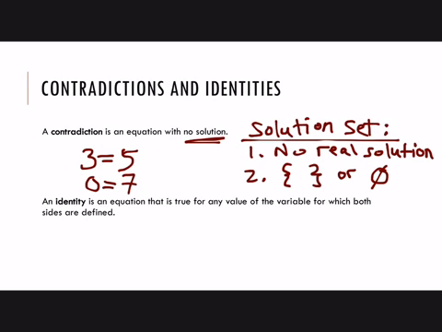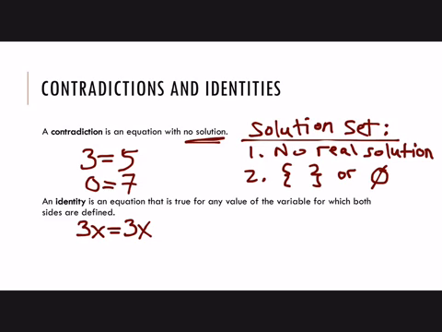And then an identity. That is an equation that is true for any value of the variable for which both sides are defined. In other words, we could have something that looks like 3x equals 3x. And that's true all the time as long as x makes both sides of the equation something that's defined.